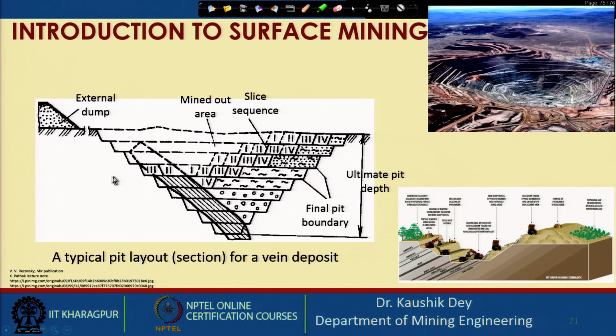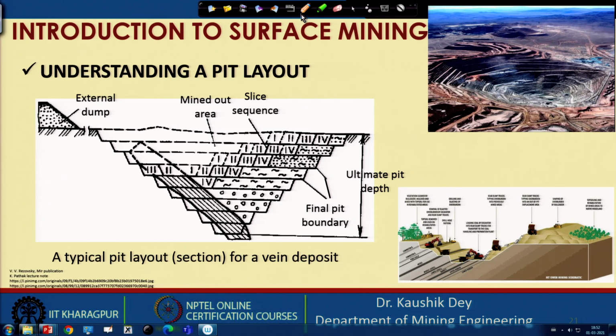This is for a bedded deposit, and this is for the vein deposit. You can see in the vein deposit you have to go for outside dumping, because you cannot dump here; any material you dump here will come down into the pit. So, the sequence of operation is 1 1 1 1 2 2 2.